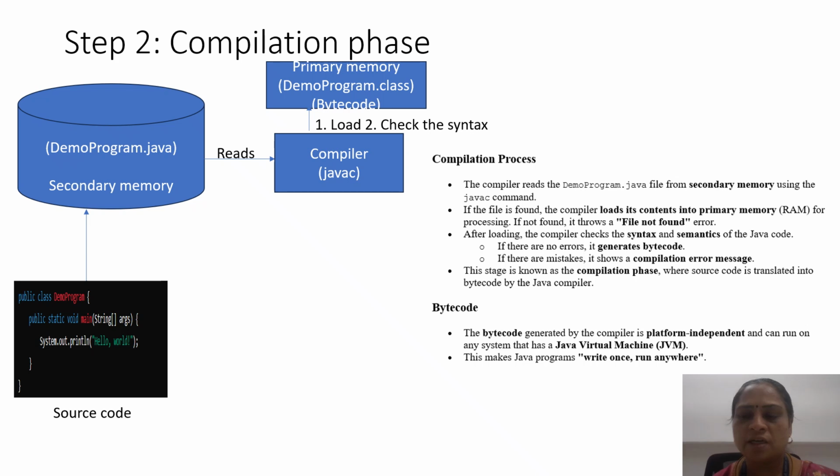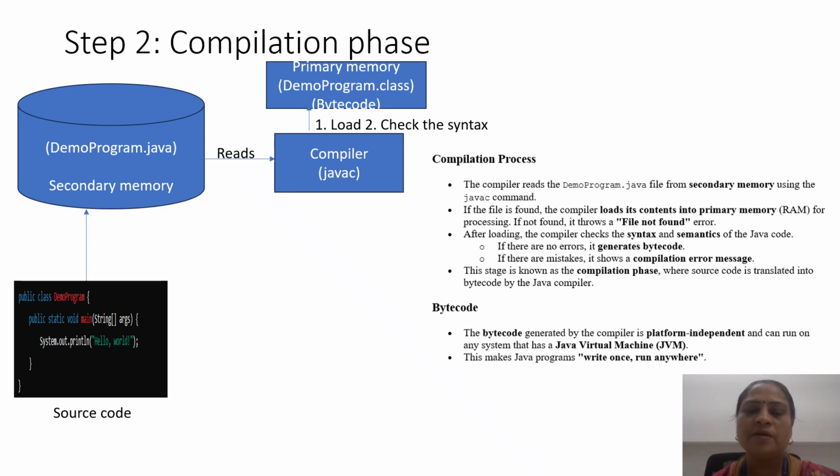Otherwise, it throws the error file not found. After storing the file in primary memory, the compiler checks the syntax and semantics of the Java file. If they are correct, it generates bytecode. If there is an error, it shows a compilation error. This phase is called the compilation phase.